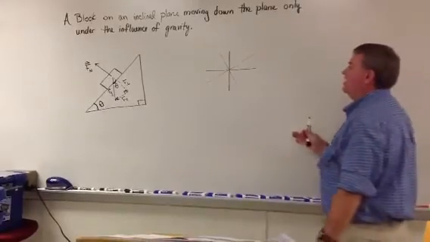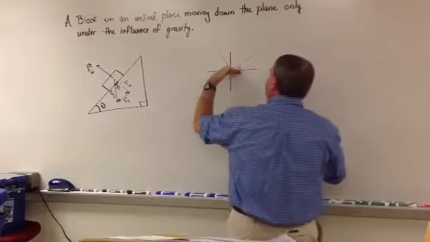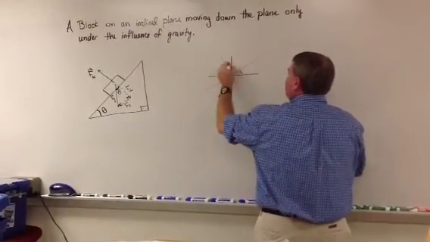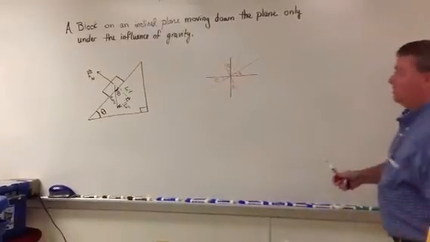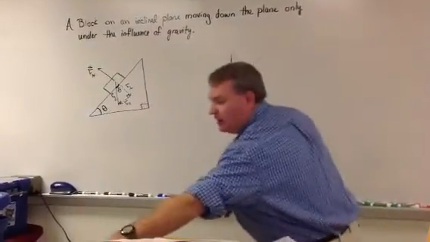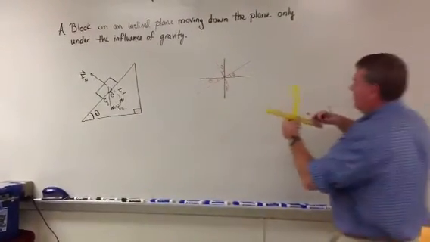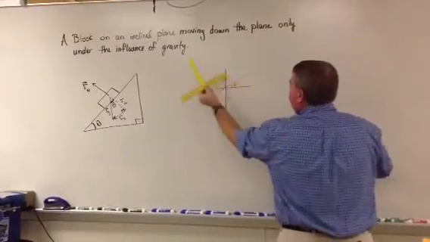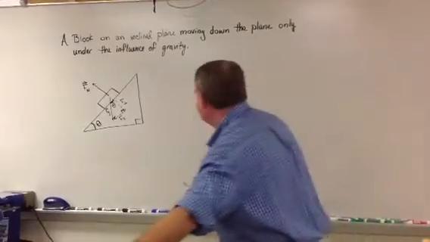If this is the angle theta, and this axis were rotated up, then that is the angle theta, that is the angle theta, and that is the angle theta. So you took an axis that was 90 degrees, and you rotated it over. So all four of these would be the same values because it's your axis that's moving.